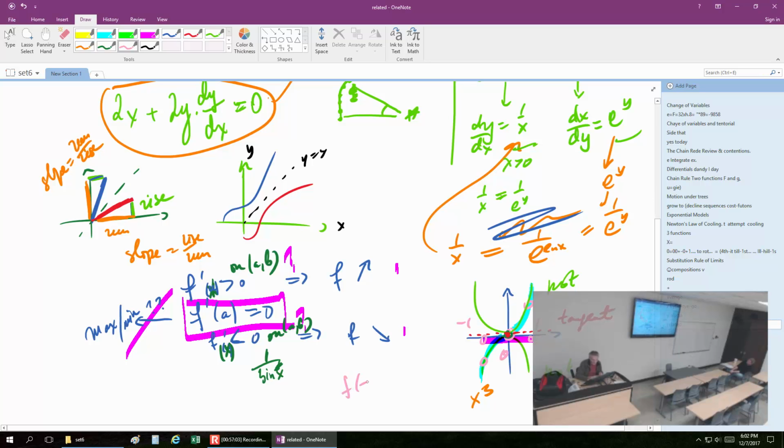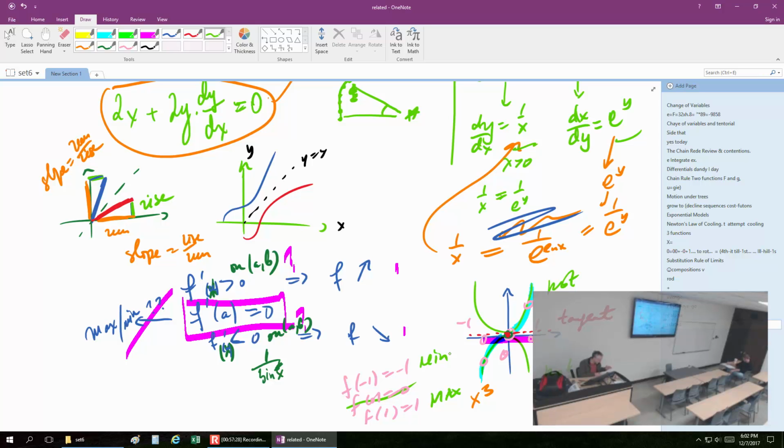So f of -1 is -1, f of 0 is 0, f of 1 is equal to 1. That's my list. I compare the values, and then I declare that this is the max and this is the min, and this one is gone because of that. So the strategy is fine. It's okay to have some extra values if you are planning to discard them.